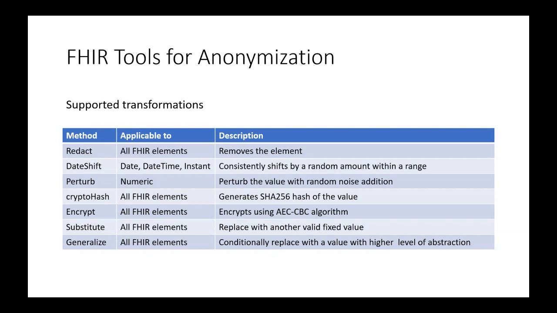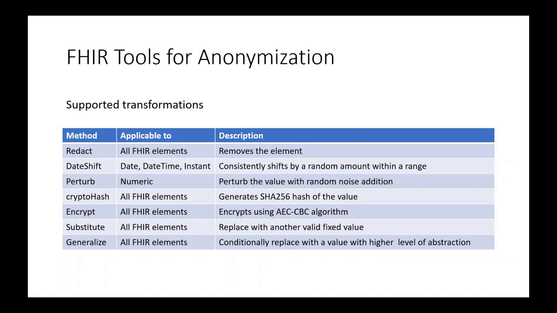Then we have perturbation, so we can perturb or change the numeric values a little bit. We can hash it, encrypt it. You can substitute it with some fixed value. And you can also generalize the values. Generalization means replacing the value with a higher level of abstraction. For example, if you have a zip code or postal code, you could replace some of the last few digits with zeros.